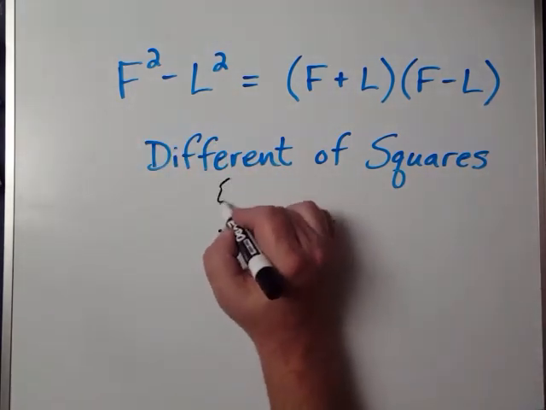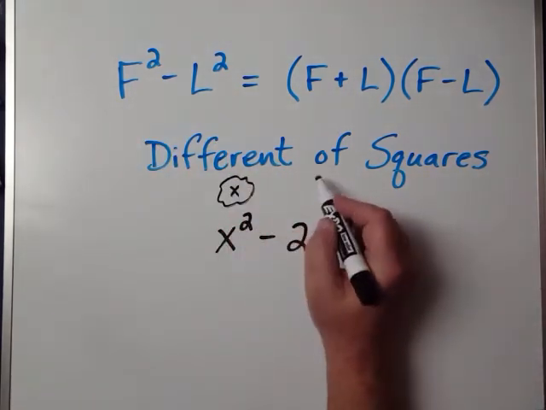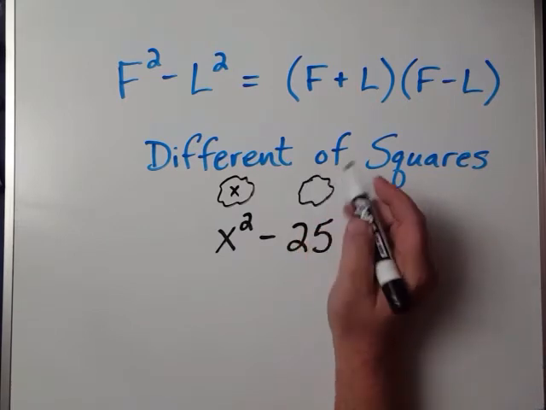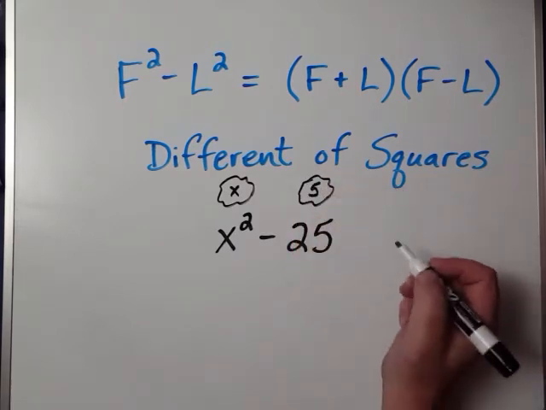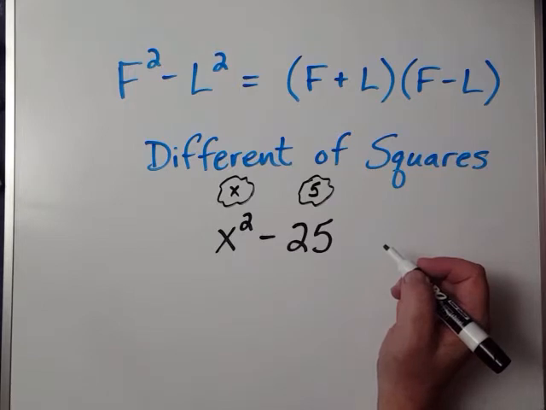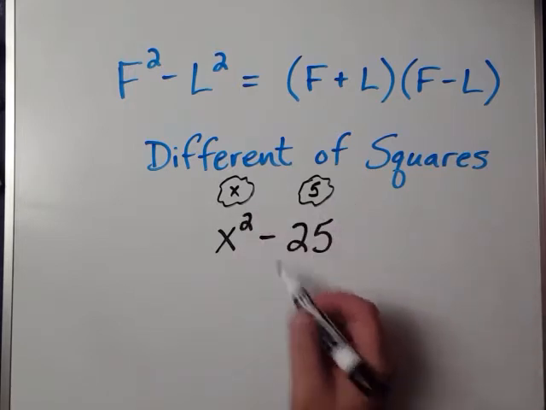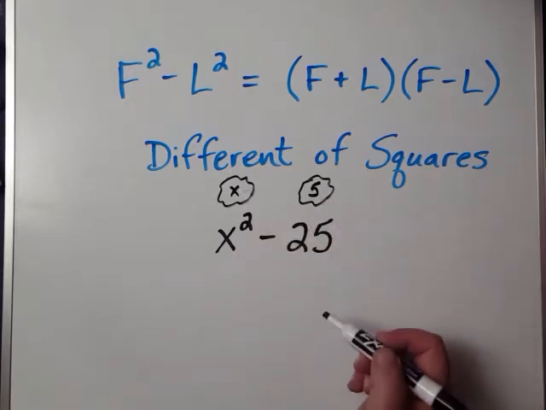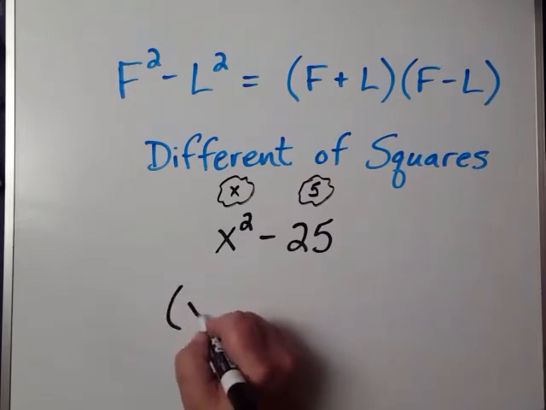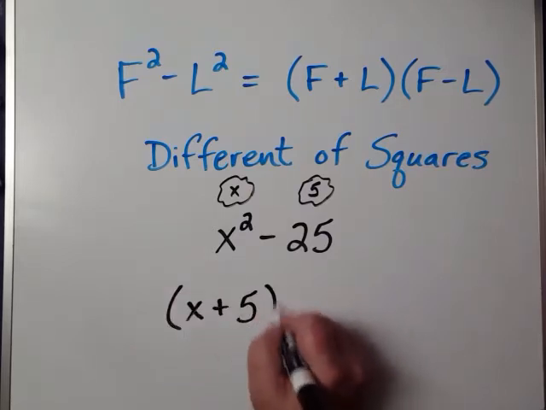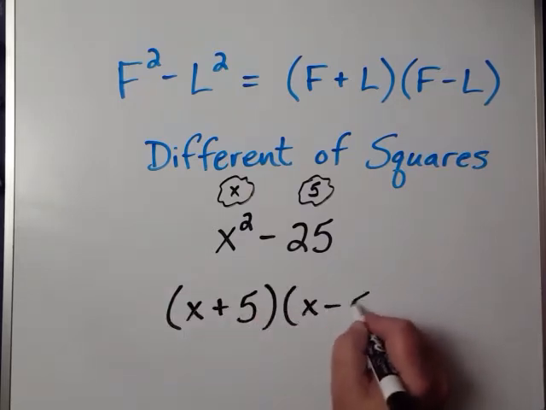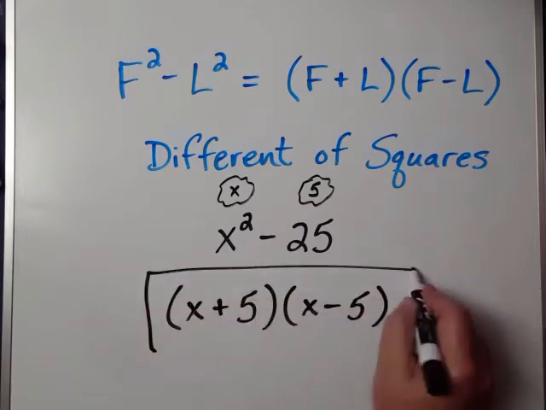Well, x squared is the square of x. 25 is the square of 5. And so this is a difference of squares where the first is x, the last is 5, and so this will factor as x plus 5, x minus 5. And it is as simple as that.